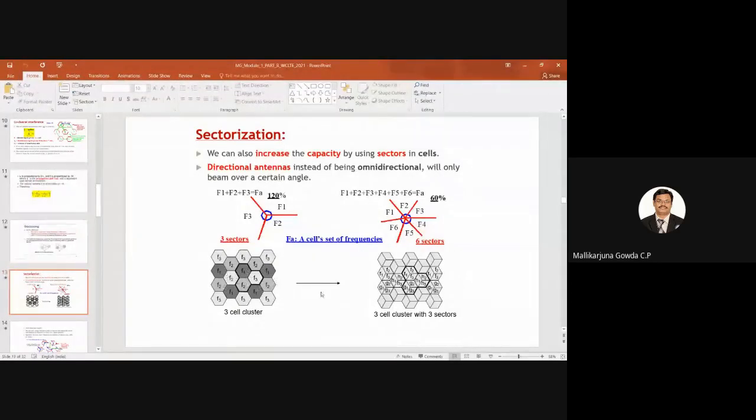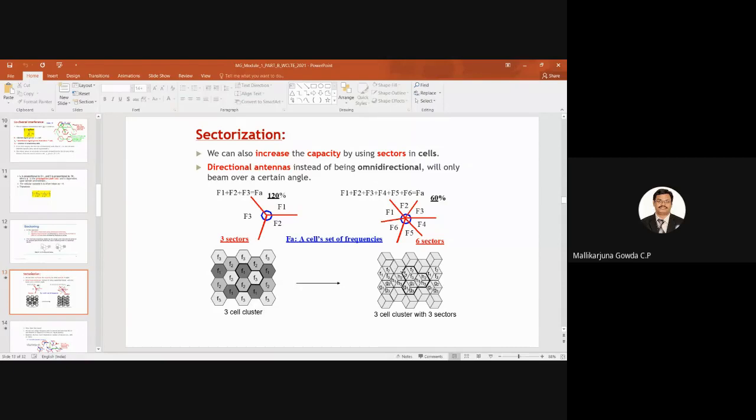When I do this sectoring with three sectors, how are the frequencies going to be split? In each cell, F1, F2, F3, again I split with the three sectors: F1, F2, F3, H1, H2, H3, G1, G2, G3, and so on. Earlier, with a cluster of three, I was using only three frequencies.